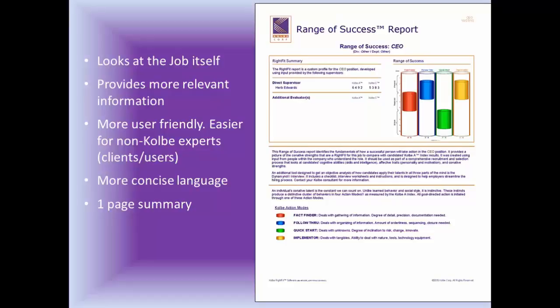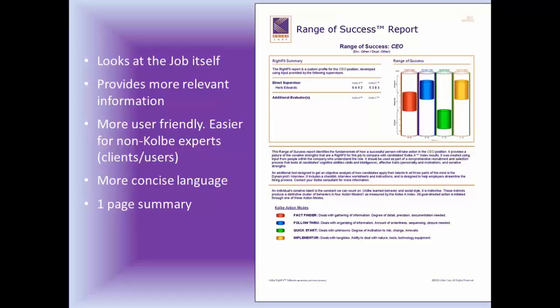So you can really use it as a leave-behind piece for people who are involved in the hiring process but are not the Colby experts. It still has the information that Colby experts want to see as well. It just focuses and reorients the reader to see what's really important here.